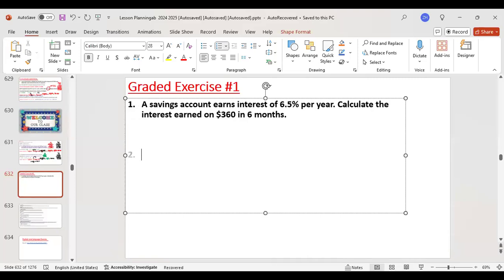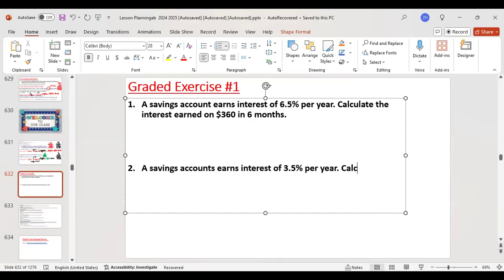And then number 2, a savings account. Should I change it from 6 months to 3 months? Y'all gonna be able to handle that? Yes, sir. All right. Of 3.5% per year.